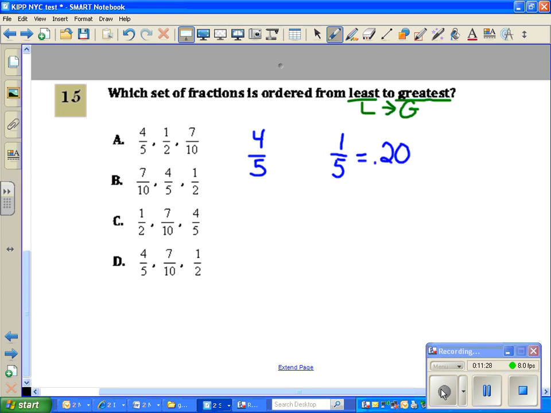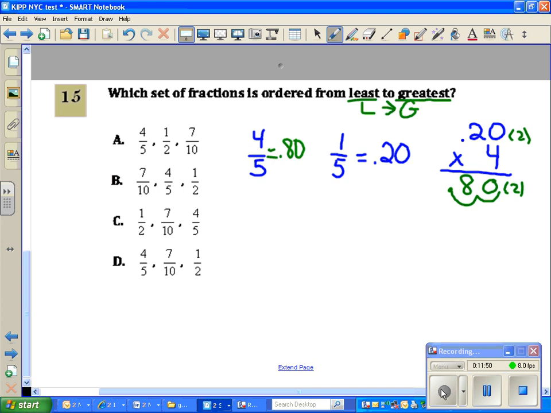And if I have 4 of them, 20 cents, I have 4 because that's the numerator, I end up with 80, but I have to move my decimal 2 times, so I have 80 cents. So 4/5 equals 80 cents.